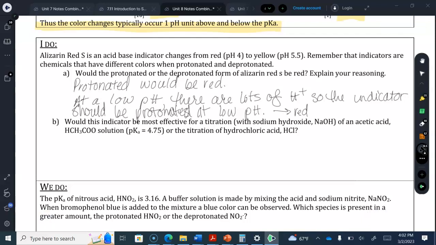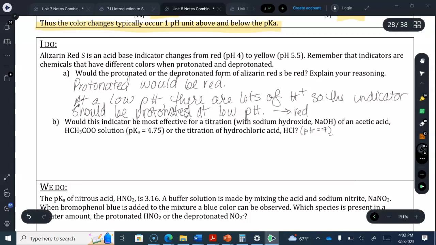Next, would this indicator be most effective for titration with sodium hydroxide of an acetic acid solution, which has a pKa of 4.75, or the titration of a hydrochloric acid solution? So remember that the pH of the equivalence point for a strong acid-base titration is 7, and that usually we want to use an indicator that is within 1 of the pKa value, or pH value.